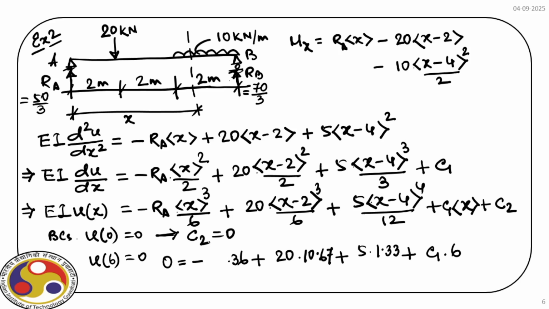So 50 by 3 into 36, which is 600, then 20 into 10.67, which is equal to 213.4, and then we have 6.65. Now if you solve this, you get C1 is equal to 63.33.